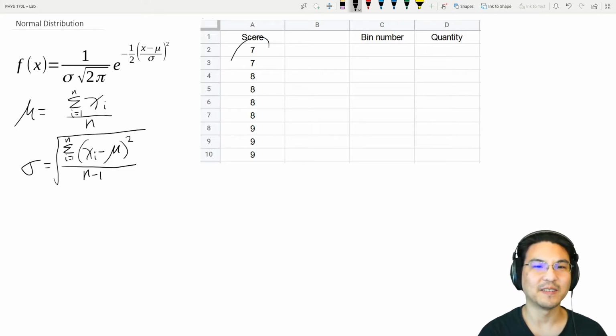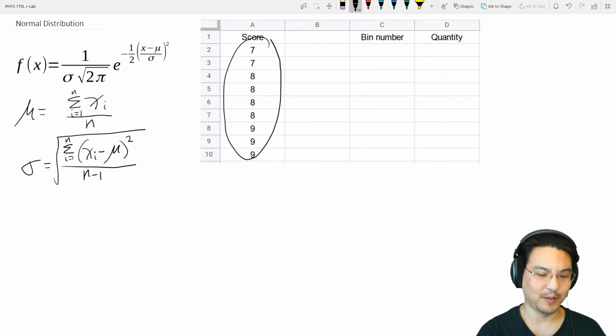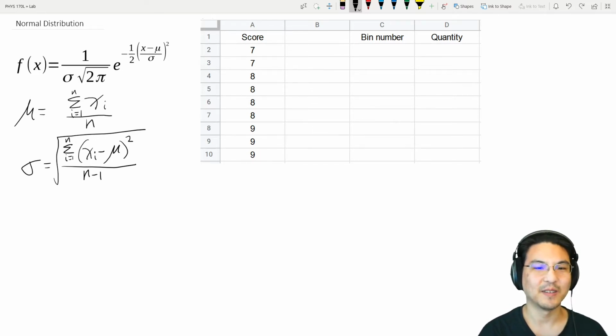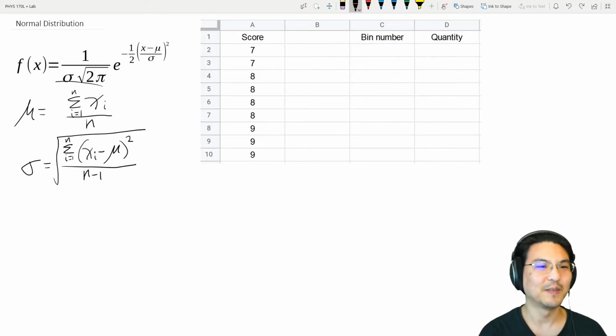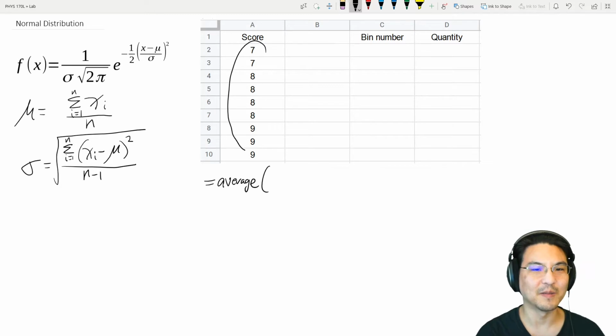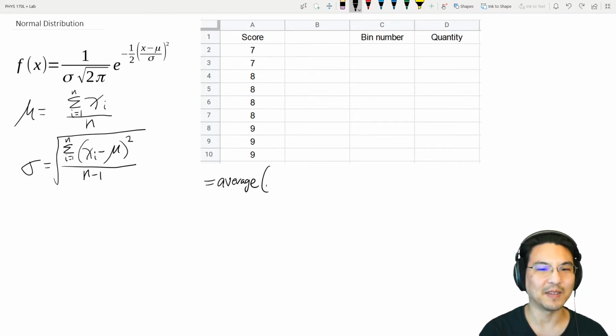And if you have data like this, you could just use the formulas in Google Sheets or Excel. For the mean, the function looks like this. Average, and then let's say this A2 through A10.